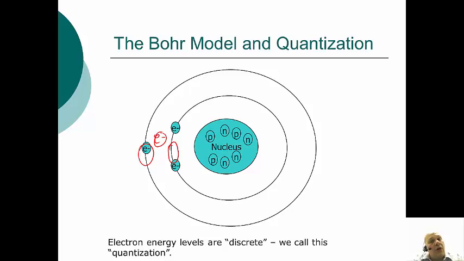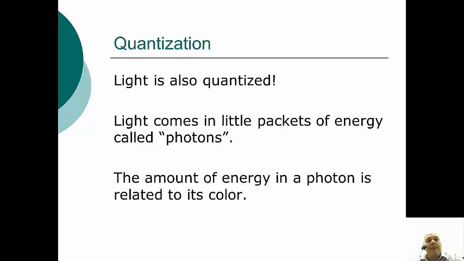So as a result, materials are quantized. They're not continuous. Since the energy absorption relates to the electron energy, what this also means is that the interactions of light with matter are also discrete or quantized. The light field itself is actually quantized.